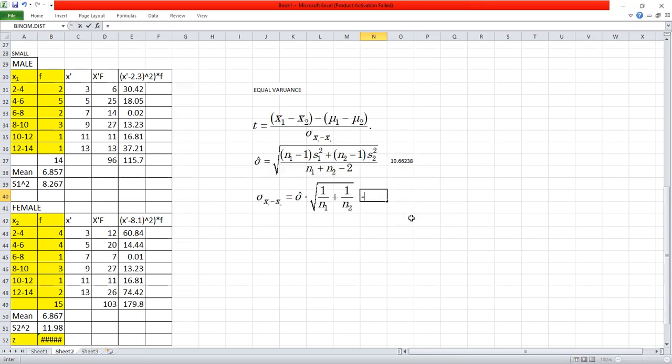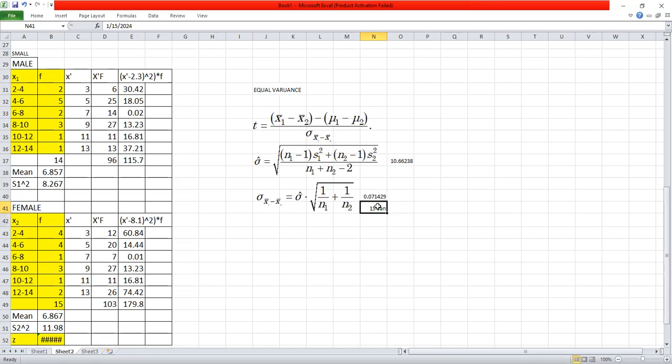Sorry about that. What is 1 over 14? Let me just do this aside first. 1 divided by 14 is that, and then 1 divided by 15 is that.